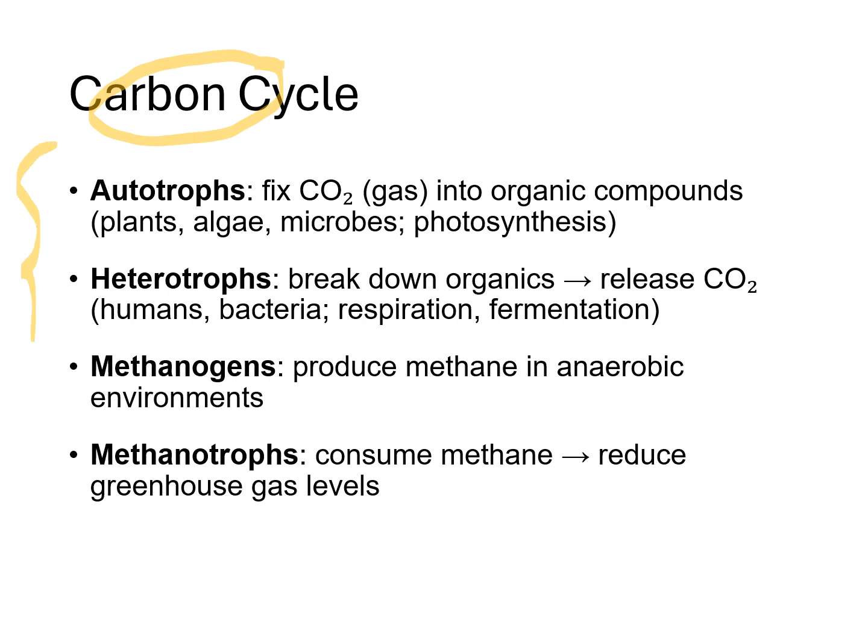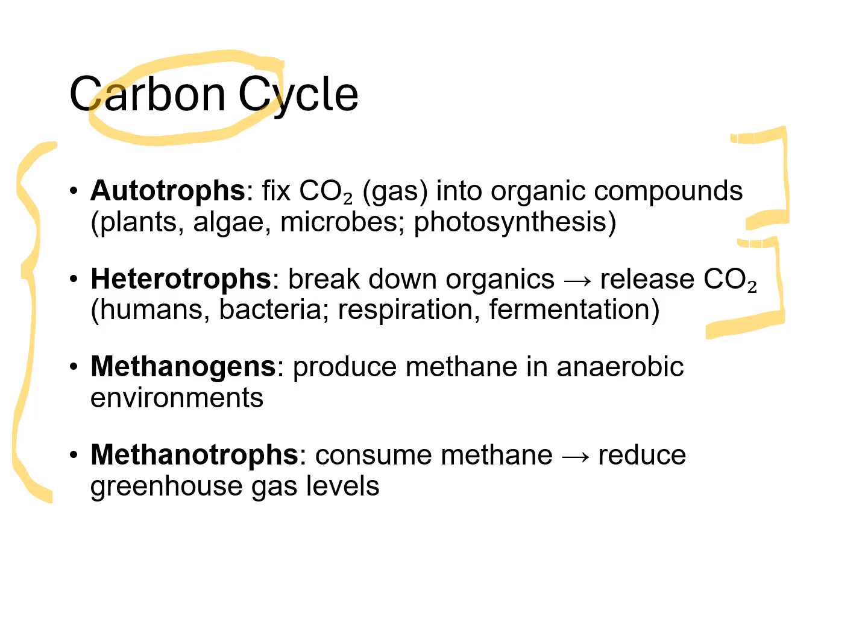These organisms are involved in the carbon cycle, including autotrophs like plants, algae, and many microbes. These will fix carbon dioxide gas into organic compounds through photosynthesis. Heterotrophs, including humans and many bacteria, do the opposite.